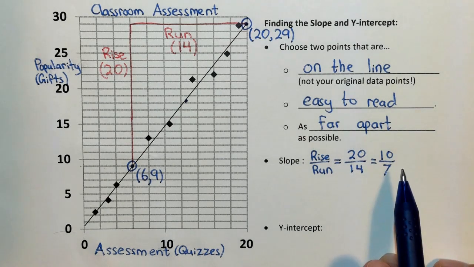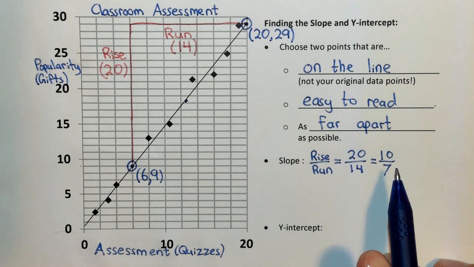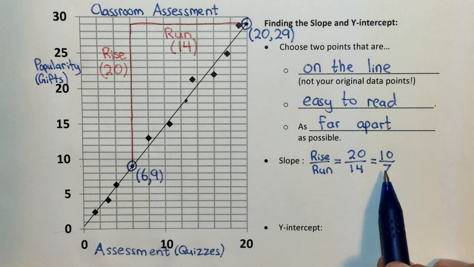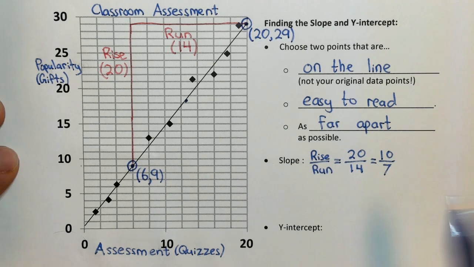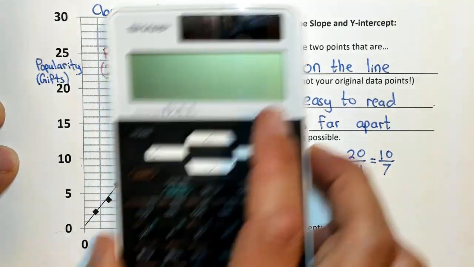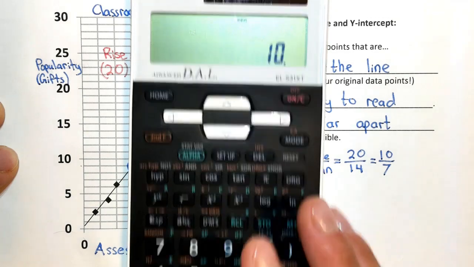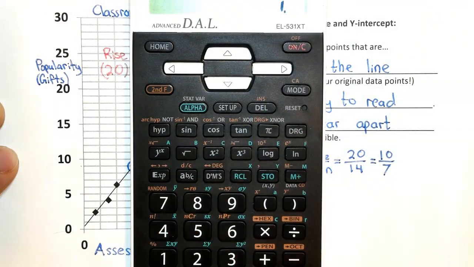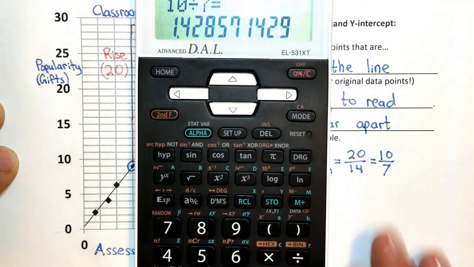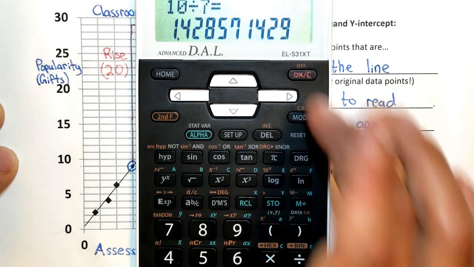Is it close to 1? I think it's a bit bigger than 1. Is it close to 2? I think it's less than 2. How much less than 2? Is it closer to 1 or closer to 2? I like a decimal because I just know exactly how big it is. So if we put that as a decimal, we get 1.4.